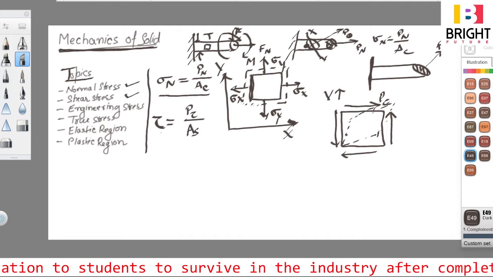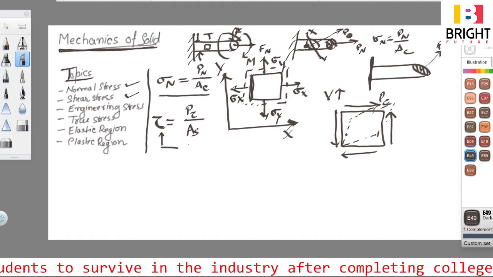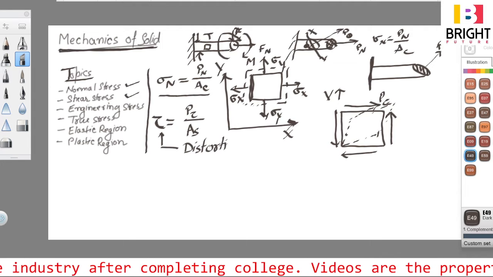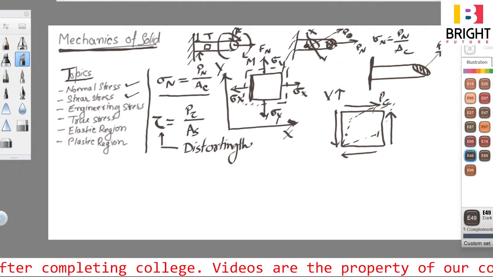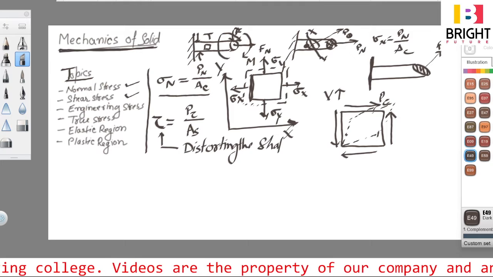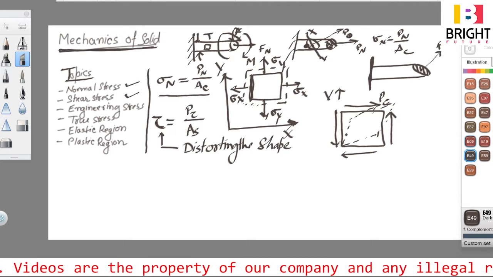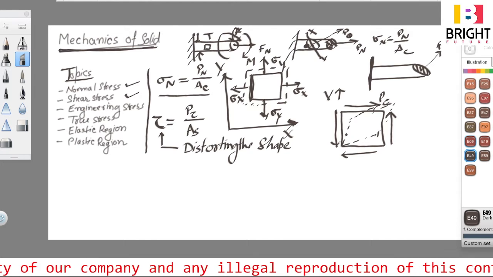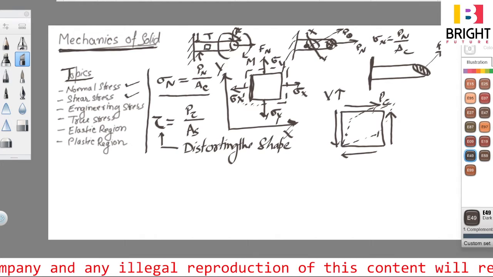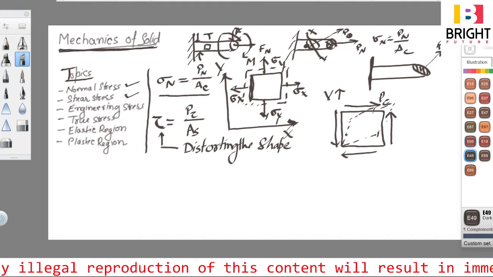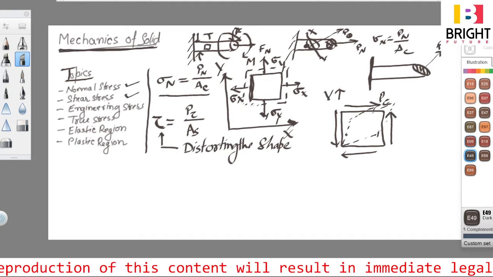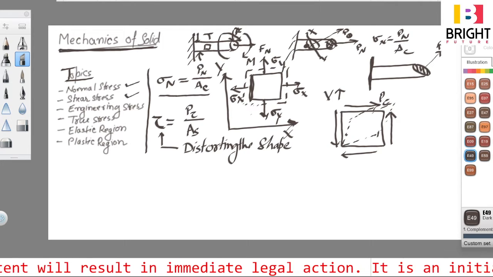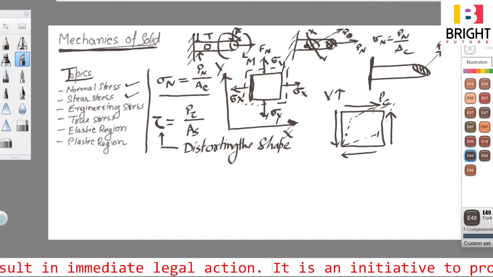So shear stress is responsible for distorting the shape of the element. Now we understand that there are two types of stress: normal stress, denoted by sigma, and tangential or shear stress, which is responsible for deformation of the material or changing the shape of the material.